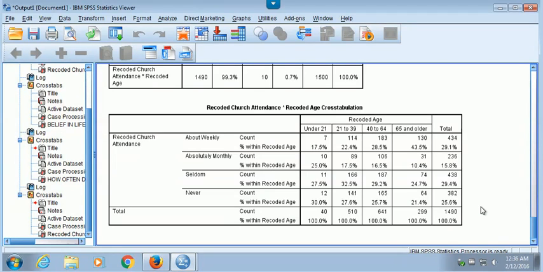But again, with ordinal variables, you're just going to look across the percentages here and see if there's any type of relationship, if there's any type of pattern that you can see. Now, real quick, remember ordinal variables have an order to them with multiple categories.